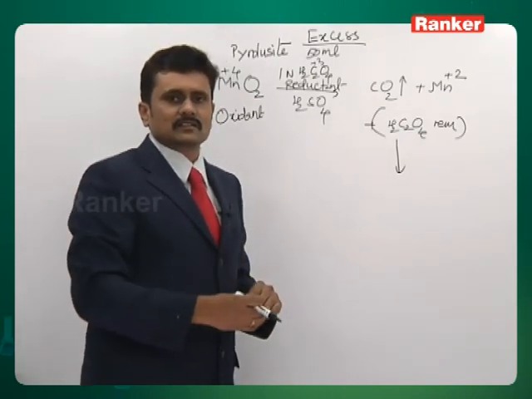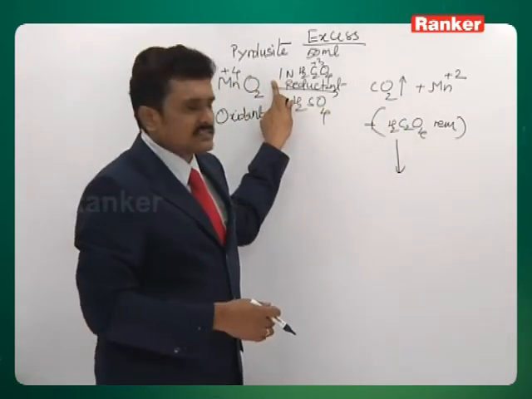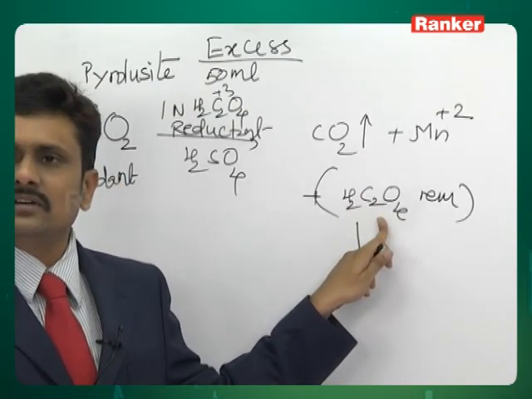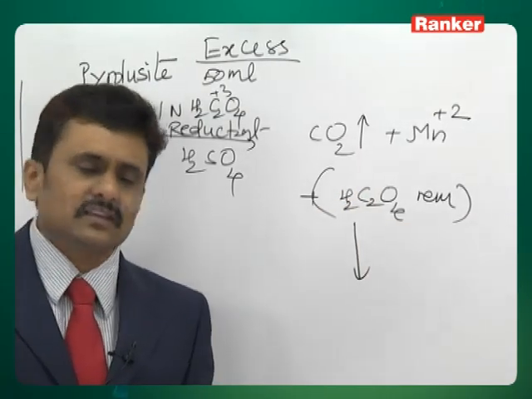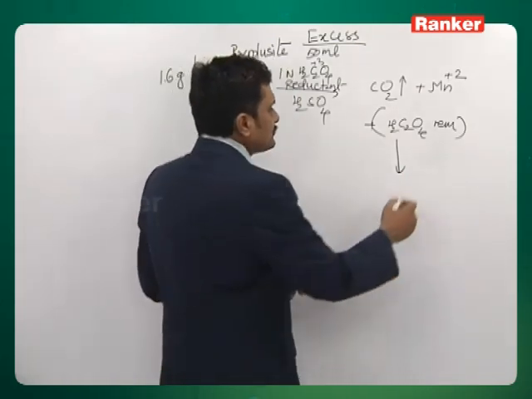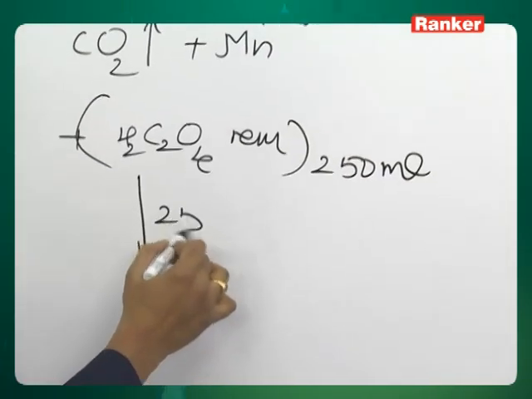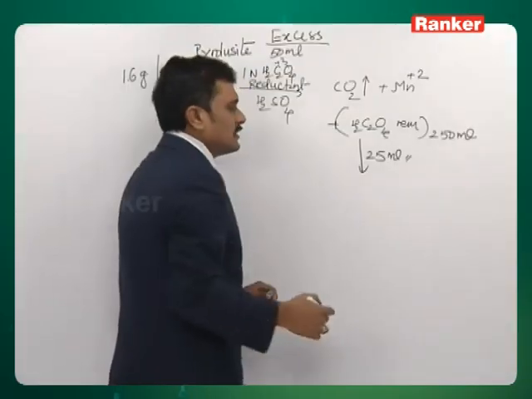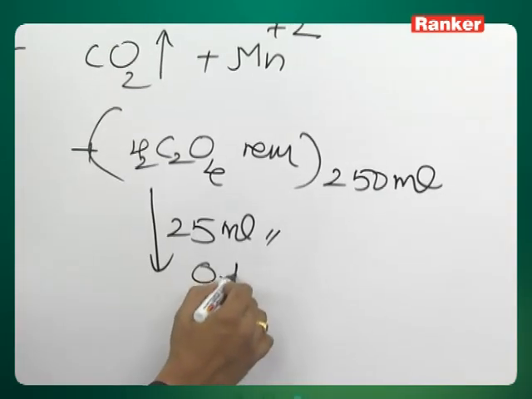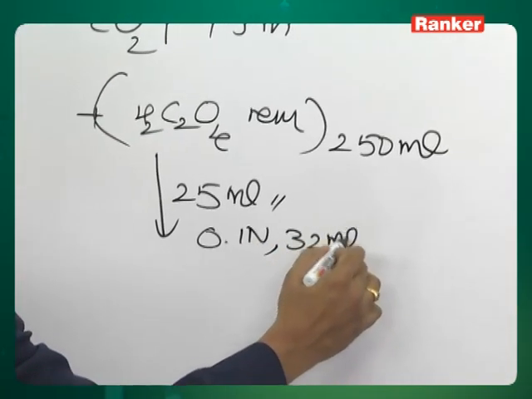You have back titrated. Remember, my dear students, when the substance which is added in the first reaction remains, and you try to find out its amount by doing titration once again, you call it back titration. You could see here that this was made up to 250 ml and 25 ml of this remaining oxalic acid was back titrated with 0.1 normal, 32 milliliter of KMnO4.